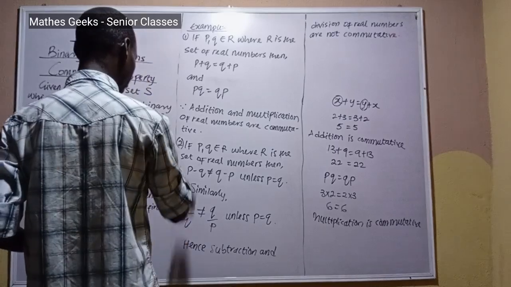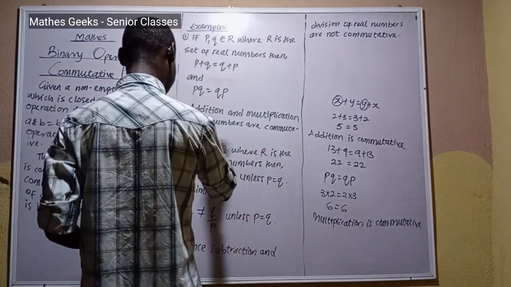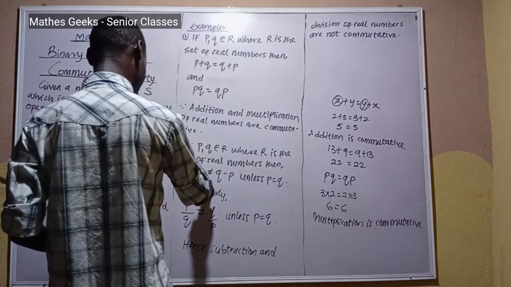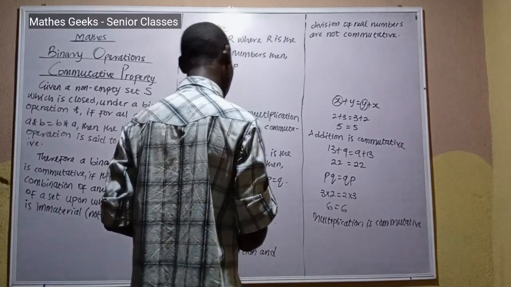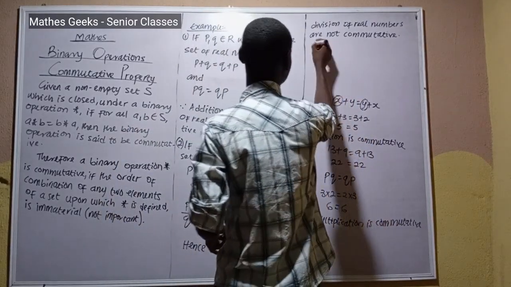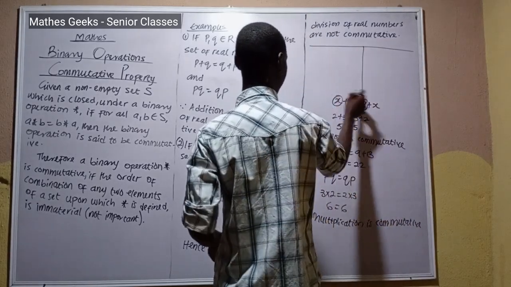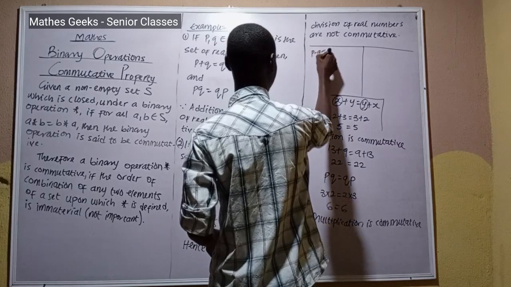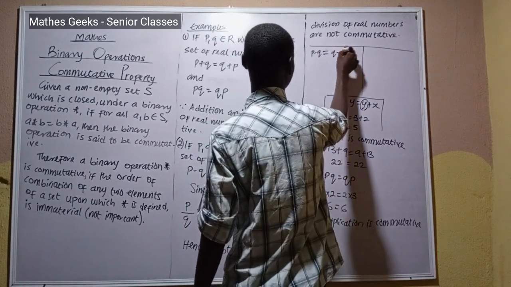Now let's look at number 2. If P and Q are members of R, where R is the set of real numbers, then P minus Q is not equal to Q minus P unless P is equal to Q. Let's find that. Will P minus Q equal Q minus P?